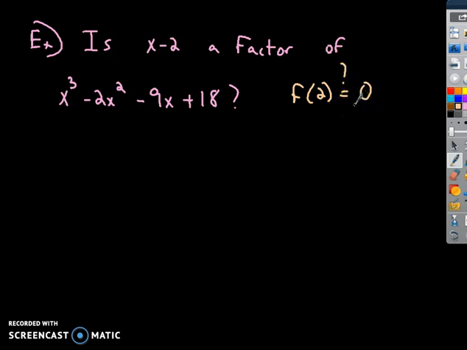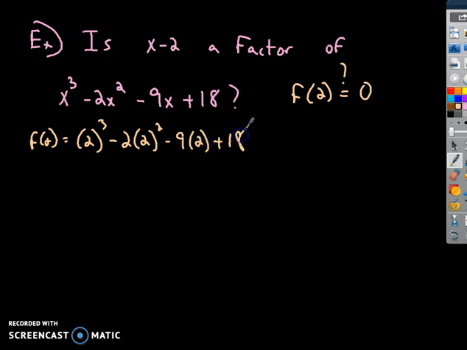So what we can find out is we can plug in 2 for all these numbers. So f of 2 is going to be 2 to the third, subtract 2 times 2 squared, subtract 9 times 2 plus 18. I'm going to plug that directly in my calculator, just as it says. 8 subtract 8 subtract 18 plus 18.